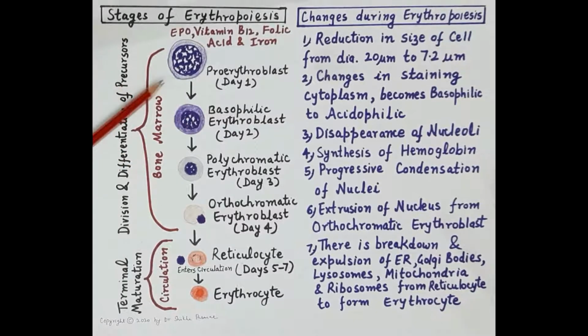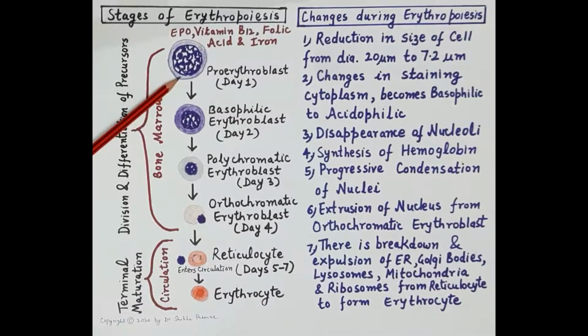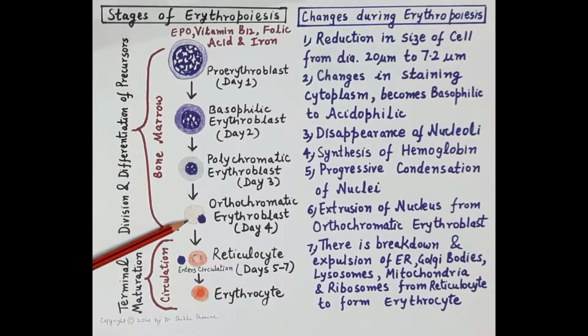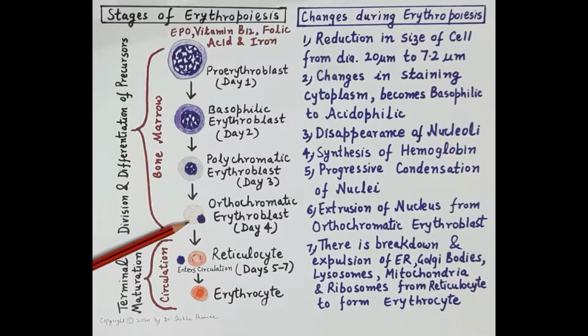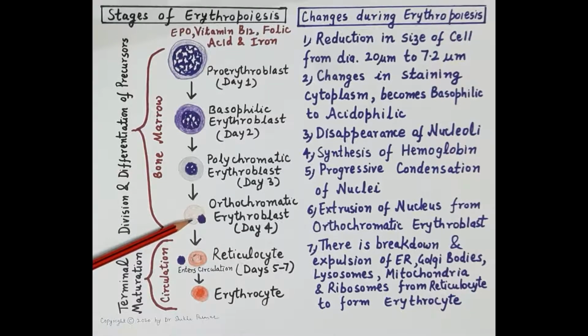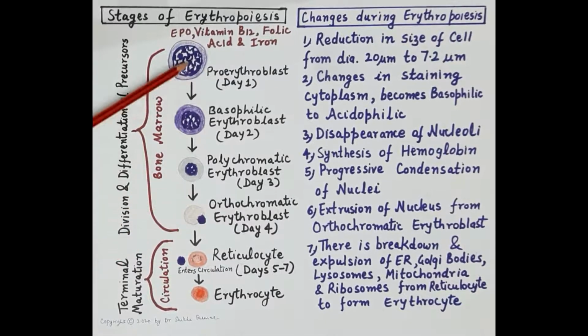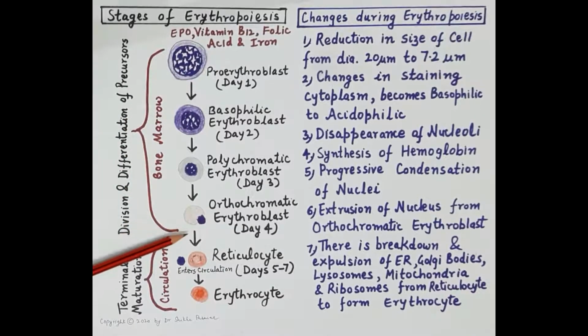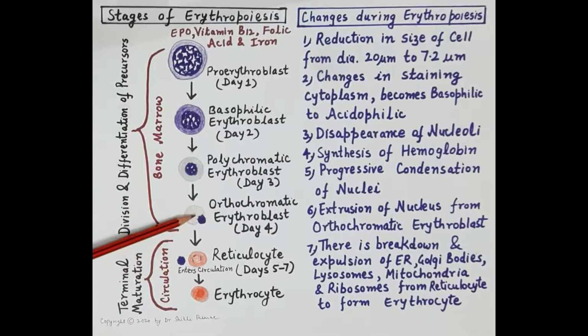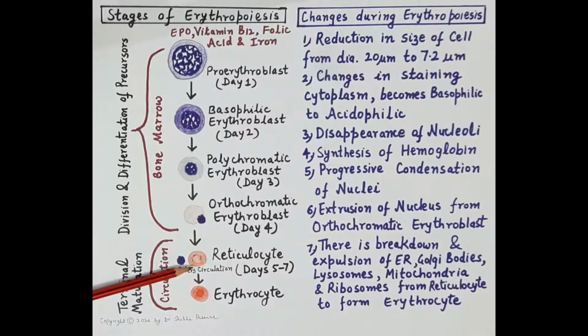Synthesis of hemoglobin starts from the proerythroblast, and a large amount of hemoglobin is present in the cell during the orthochromatic erythroblast stage. There is progressive condensation of the nucleus, then extrusion of the nucleus from the orthochromatic erythroblast, and then the stage of reticulocyte.